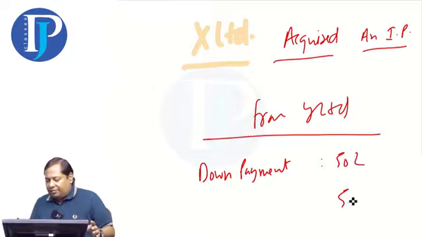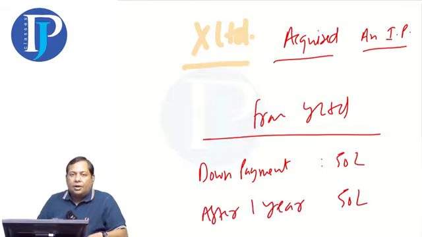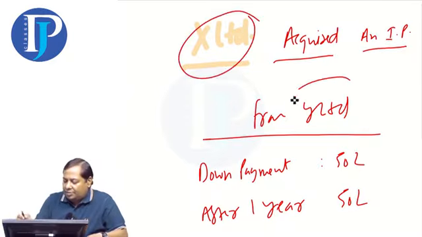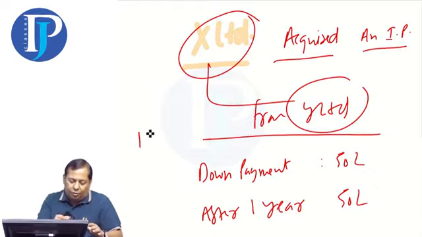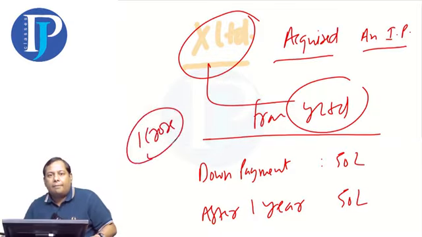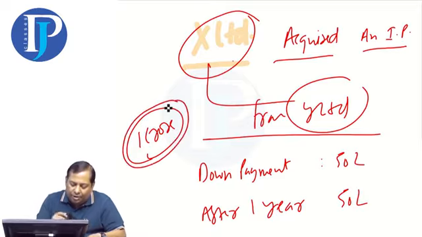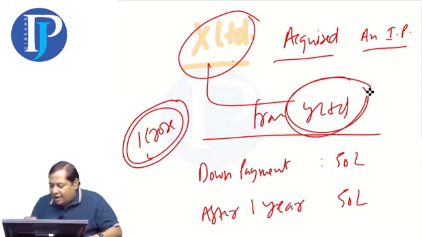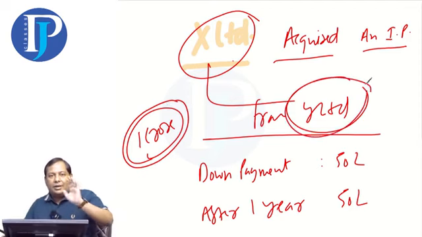And the remaining 50 lakhs will be paid to you after 1 year. This means that they have made the deal between themselves. The deal that they have made between each other, it will be worth 1 crore rupees. We can say that this X has purchased a building for 1 crore rupees and the Y has sold the building for 1 crore. That's what it means.